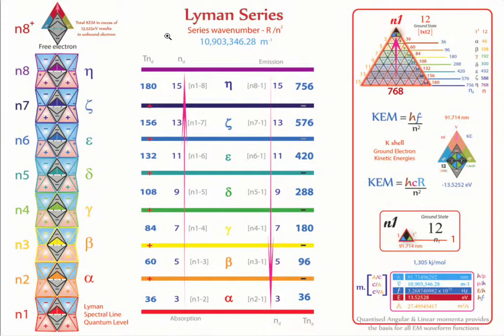We'll quickly run through these illustrations here. I'll explain the Lyman series in a bit of detail, but you will see that Tetryonics explains all features from an equilateral energy perspective of all the spectral lines that can be produced within any element.